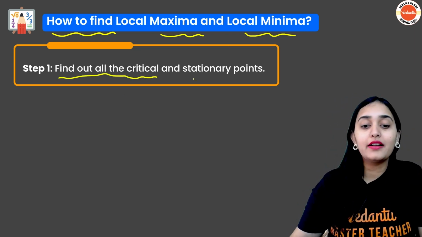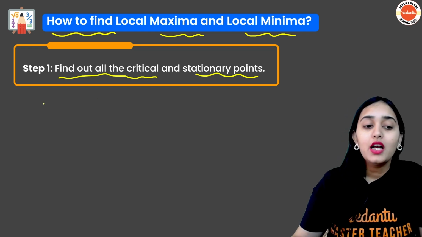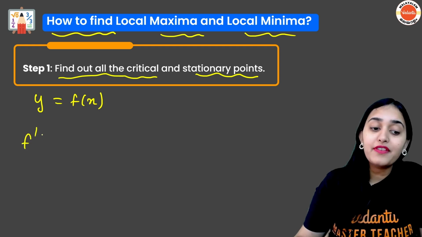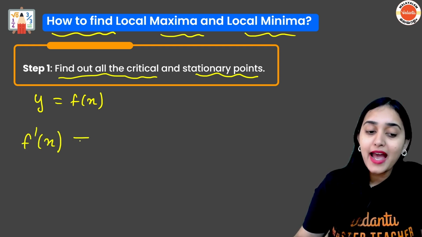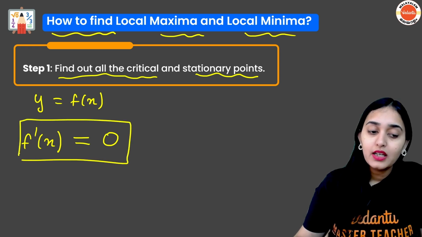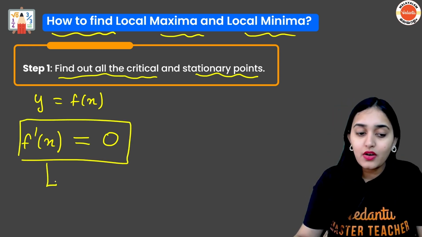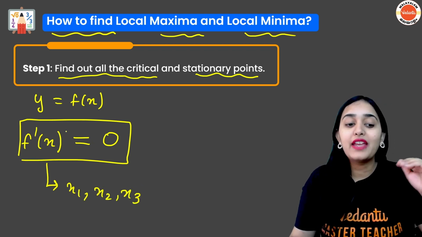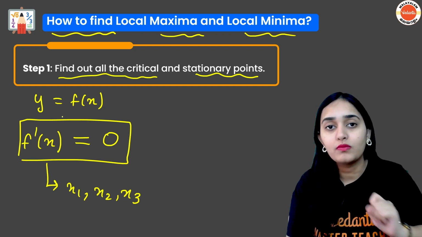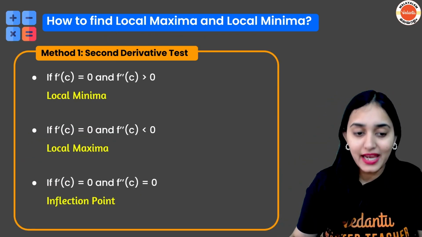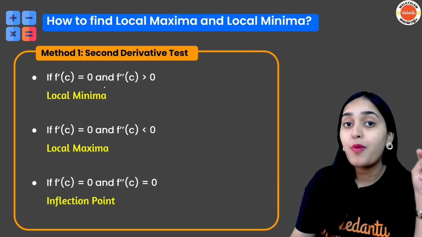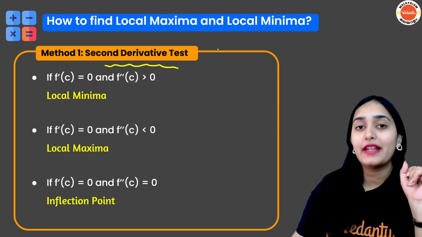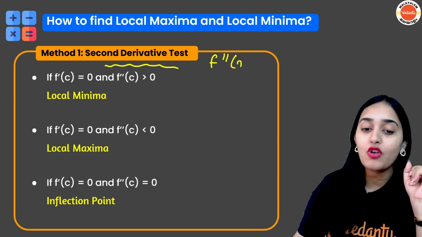First, you find out the critical and the stationary points. How? There is a function fx. You find out f dash of x. You put f dash of x equals to 0 and get x1, x2, x3, all the points where this function is becoming 0. Okay. After that, you will find the second order derivative, that is f double dash of x.